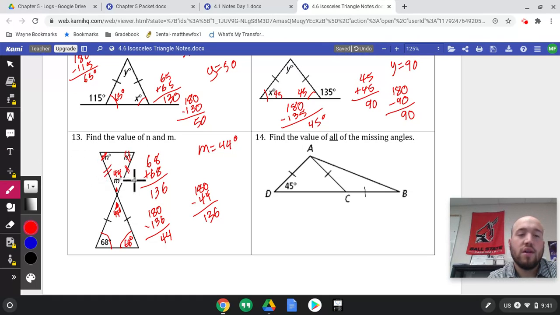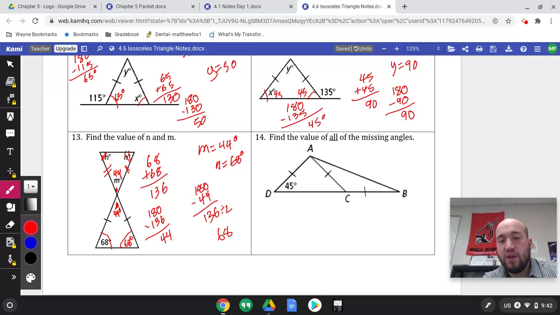These sides are congruent. Now notice I put 2 marks there because we don't know how they compare to this side. We'll find out. And then if it's 136, we can divide that by 2, and we are left with 68. So n will equal 68.